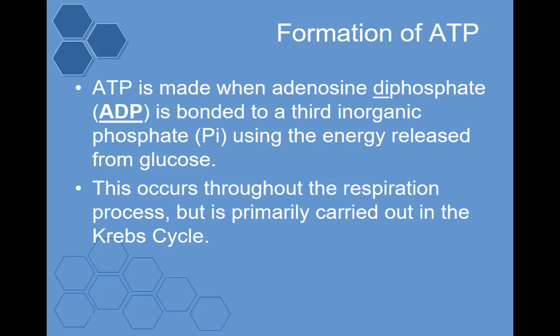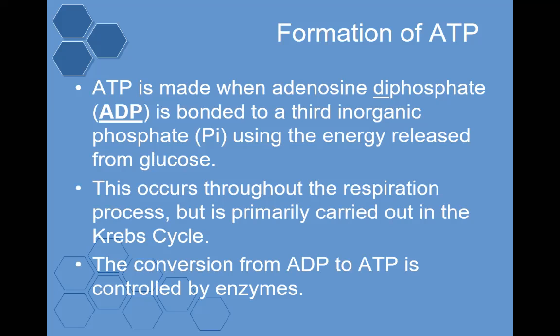Okay. And the conversion from ADP to ATP is done. Now, none of this would be possible if it wasn't for the help of enzymes. And hopefully, you remember that enzymes are a type of protein. And I hope you're beginning to realize just all the really important things that proteins do to keep us functioning.